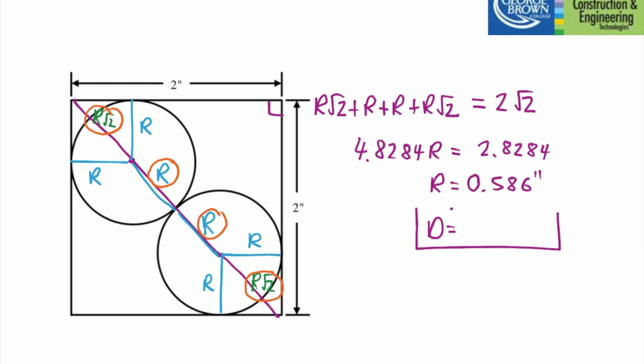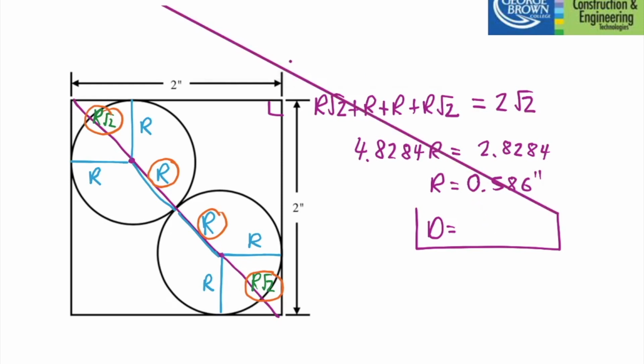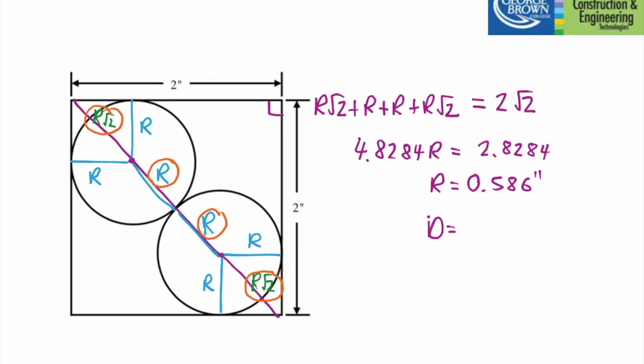I try to be very careful with my annotations and my consistency with how I write things, because it doesn't look good otherwise. Okay, so D is double that, so that's 1.172.